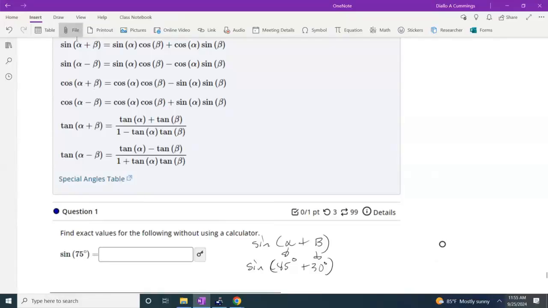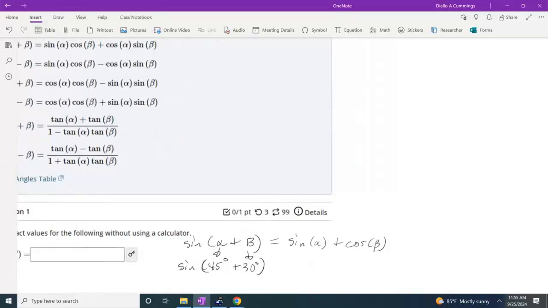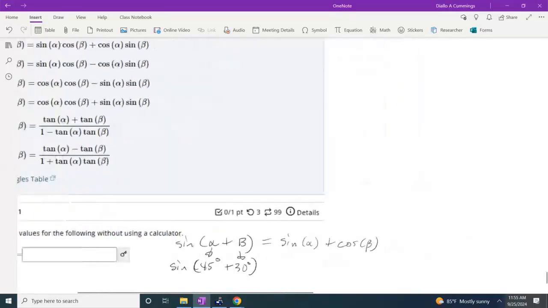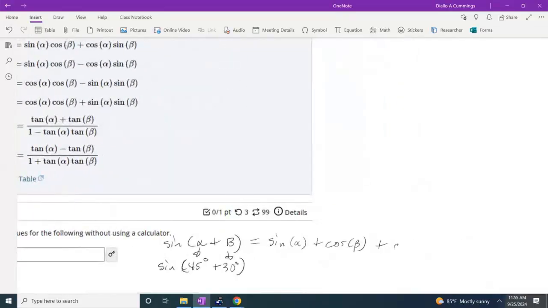So I'm going to finish writing out the formula. It says the sine of alpha plus beta, that's equal to the sine of alpha times the cosine of beta plus cosine alpha times sine beta.